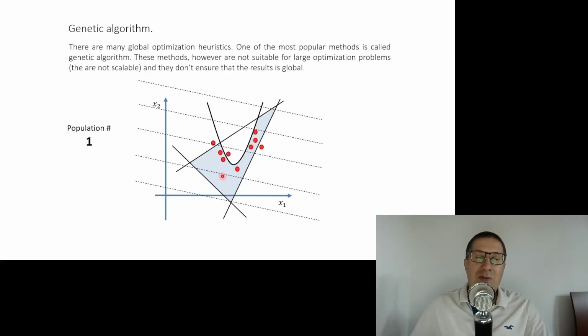So in the population number one, we have two groups, two tribes, two groups of solutions. And of course, there is not only the crossover operation, there's also a mutation applied like in real life. So if the parent has x1 here, the kids can have, let's say, x1 over here or here.